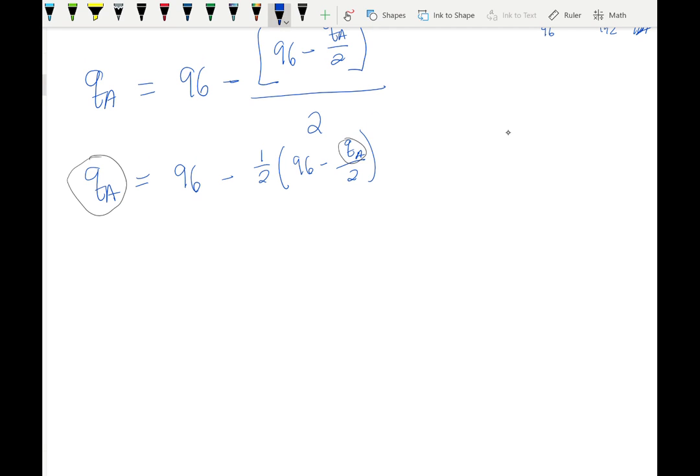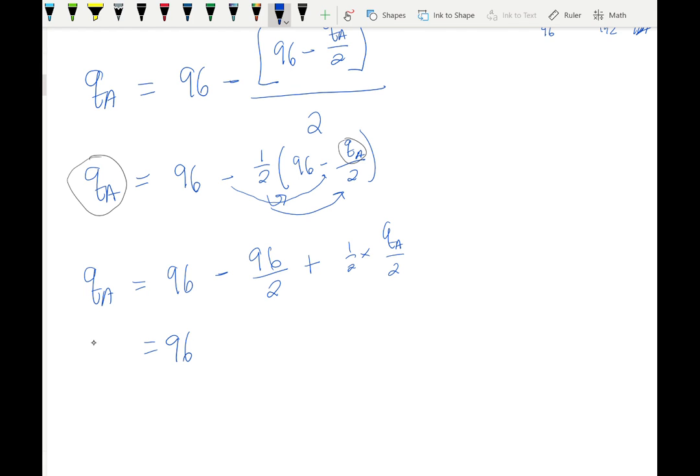So we have that QA is equal to 96 minus, now we're going to apply this half to each of these terms: 96 over 2 plus 1 over 2 times QA over 2, which is just QA over 4. I'm trying not to skip any steps here.